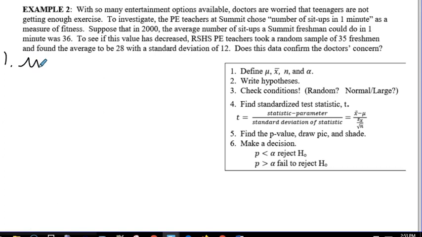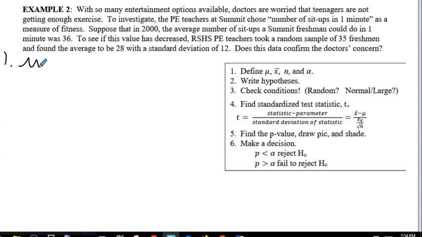So many entertainment options. Doctors are worried teenagers are not getting enough exercise. So some of the teachers chose number of sit-ups in 1 minute as a measure of fitness. Suppose that in 2000, the average number of sit-ups some freshmen could do in 1 minute was 36. To see if it decreased, high school teachers took a random sample of 35 freshmen and found the average to be 28 with a standard deviation of 12.